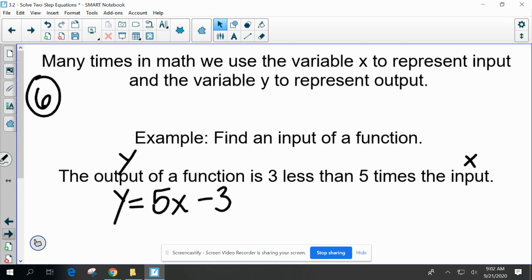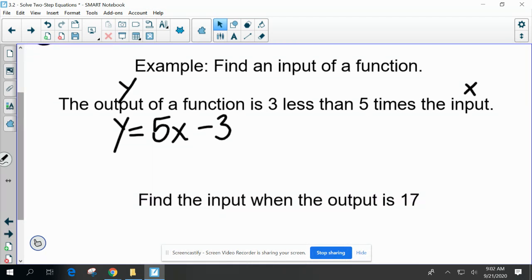Okay, so then if I scroll down, find the input when the output is 17. Where am I going to put 17? For Y. So 17 equals 5X minus 3, and then I'm going to solve that. So this is just a two-step equation.